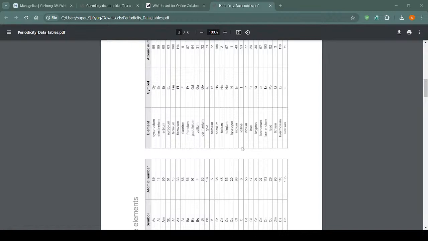Actually, I don't think you get the solubility chart. I don't think you get it.